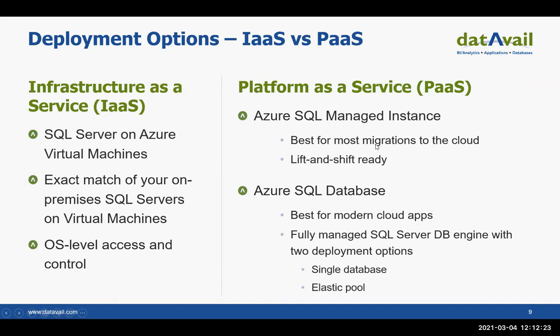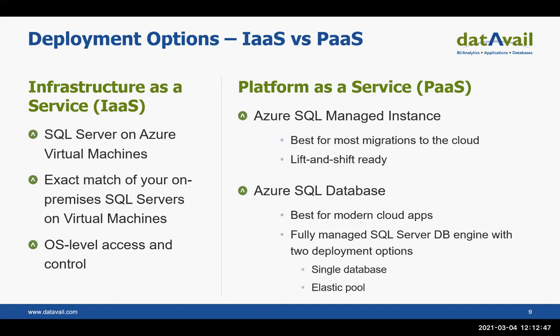Platform as a service, PaaS, has two different types. You have Azure SQL Managed Instance, Azure SQL MI, and you also have Azure SQL Database. Managed instances are best for most of the migrations to the cloud, and they are lift and shift ready.